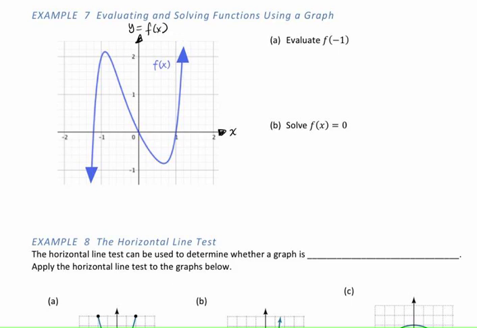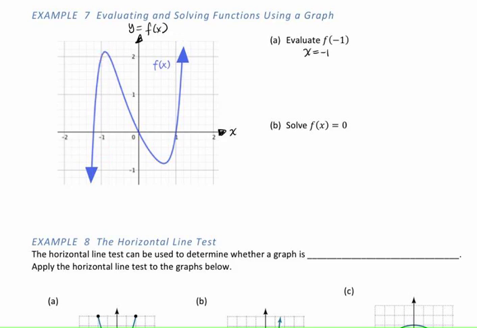Let's evaluate this function f when x equals -1. That's what this tells me here. This value in here is f of -1. So x is -1. I'm going to go along my x-axis, here's 0, to -1. And let's keep moving up or down, not down because this function isn't defined here. Let's move up.